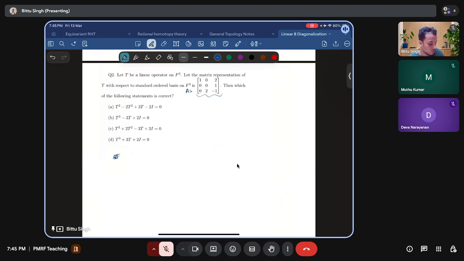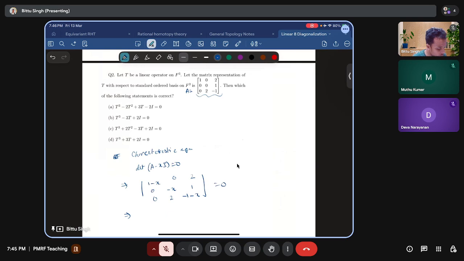So let us start with the characteristic equation. This is the same as determinant of A minus xI equal to 0. So it is the determinant with rows (1 minus x, minus 1, 0), (2, 1 minus x, 0), (0, 2, ...) equal to 0.